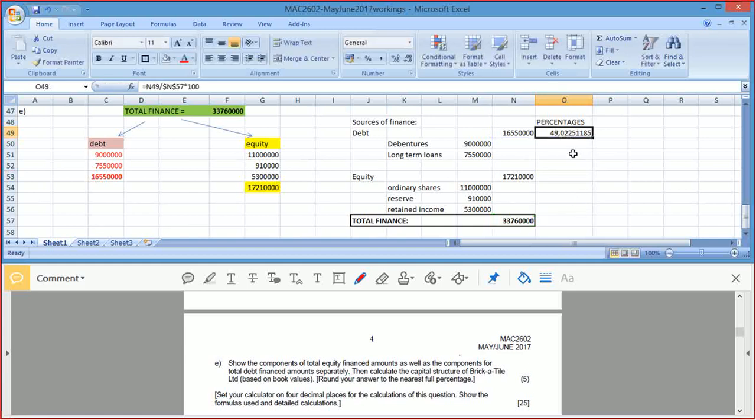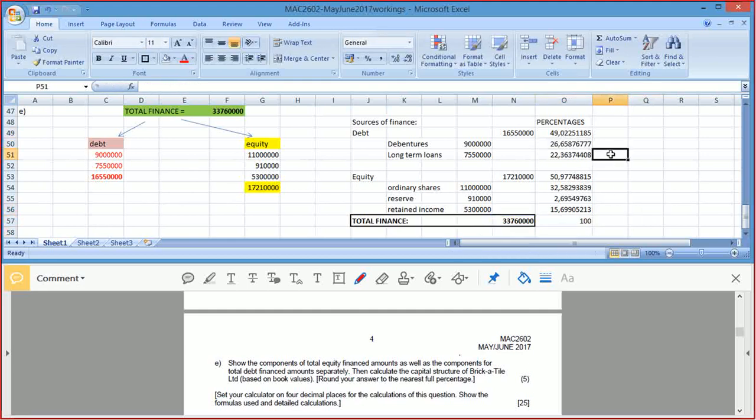So there it is, and then I would have this. What is this one? This one divided by that, times 100%.